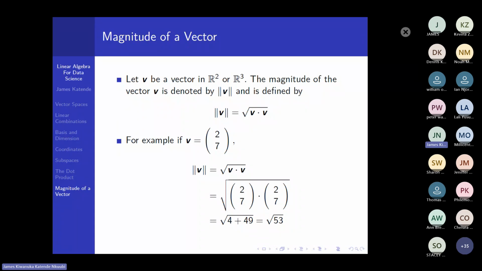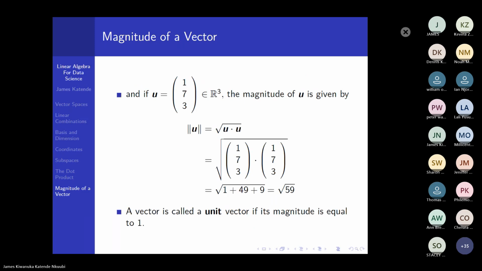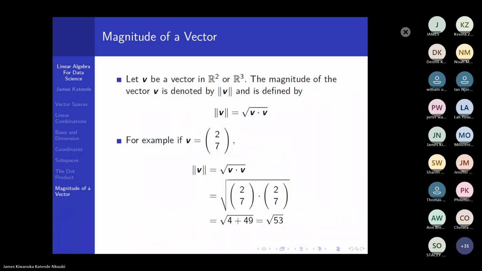That is taken to be the square root of the dot product of the vector with itself. So for instance, if we pick a vector in R2, 2, 7, the dot product of V with itself is 53. And therefore the magnitude of V will be the square root of 53.